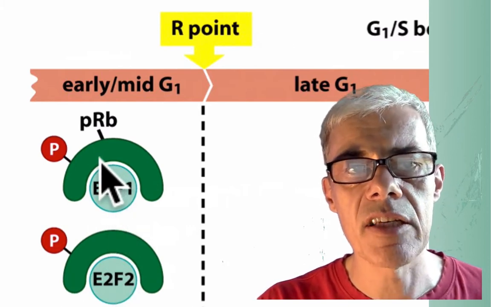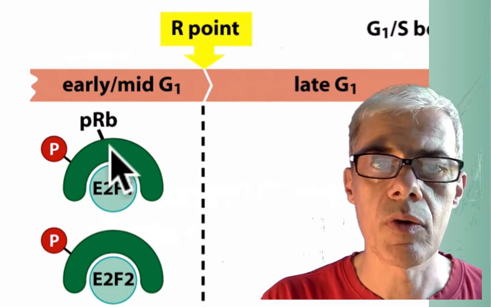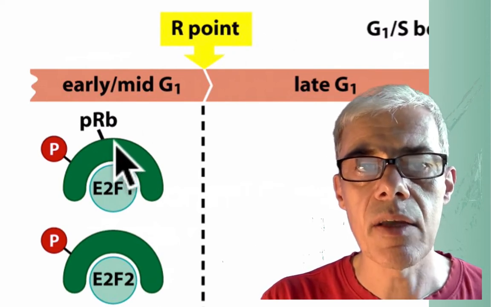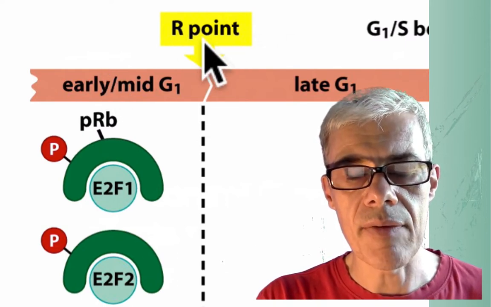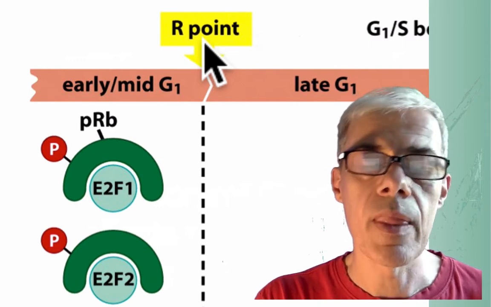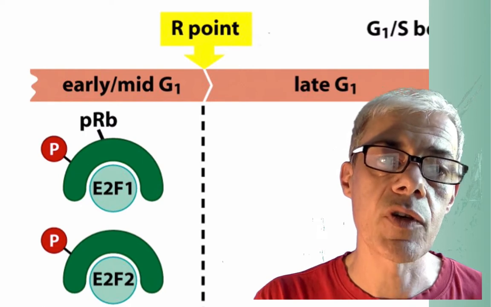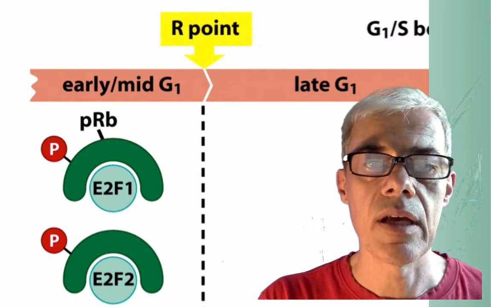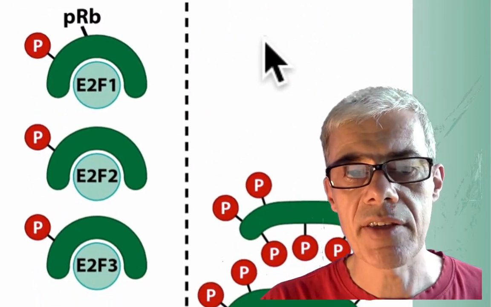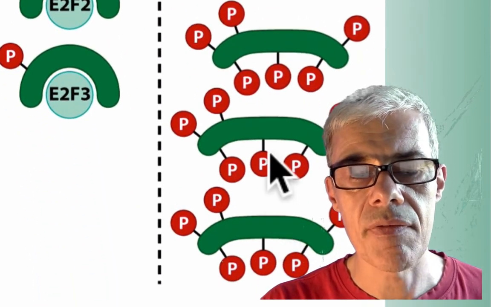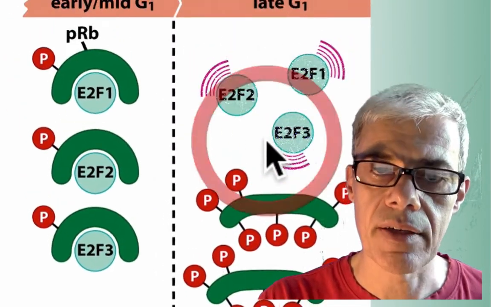Through the action of cyclin-dependent kinases, one of those being cyclin D, whose levels build up during G1, it activates its associated cyclin-dependent kinase, which phosphorylates the retinoblastoma. And once retinoblastoma is heavily phosphorylated, it breaks away from the E2F transcription factors, leading to active E2F factors.